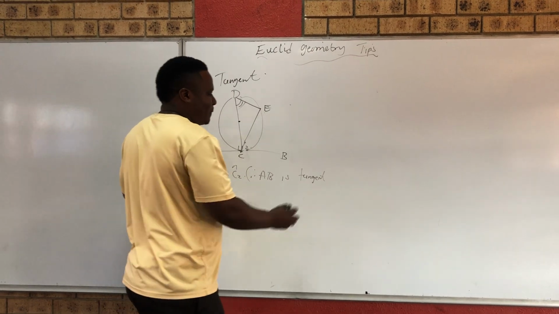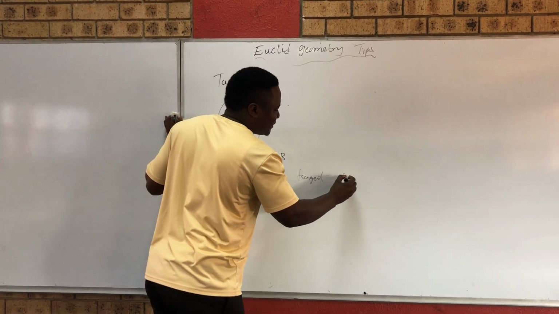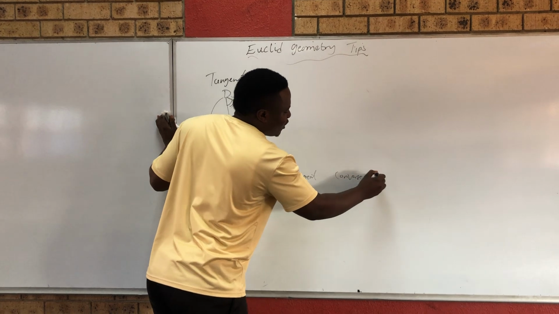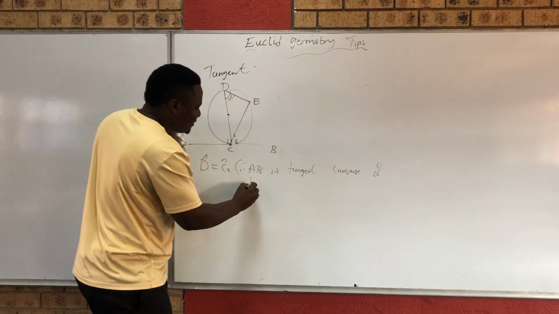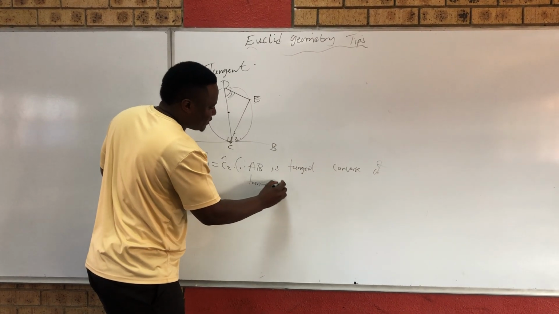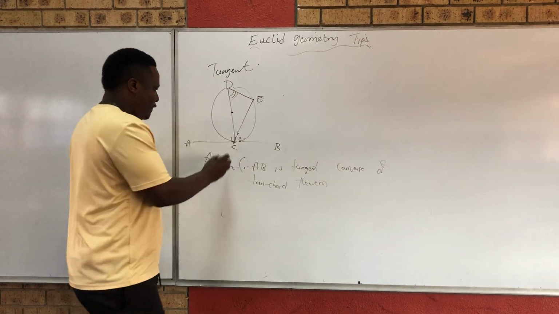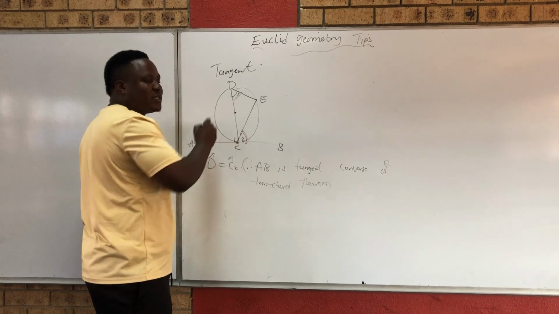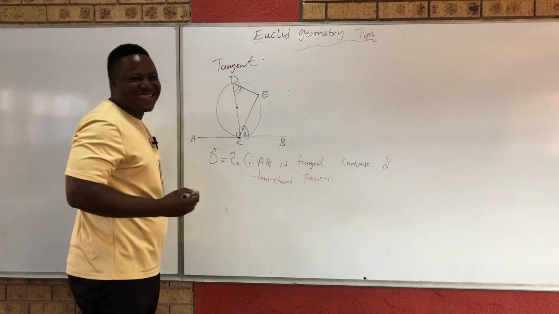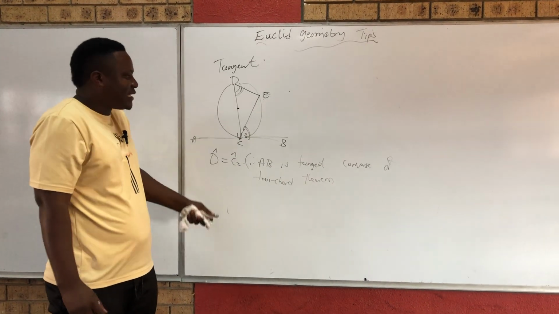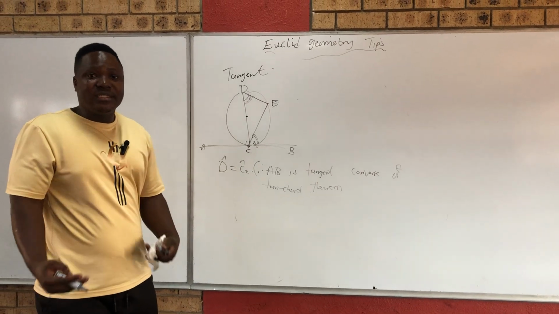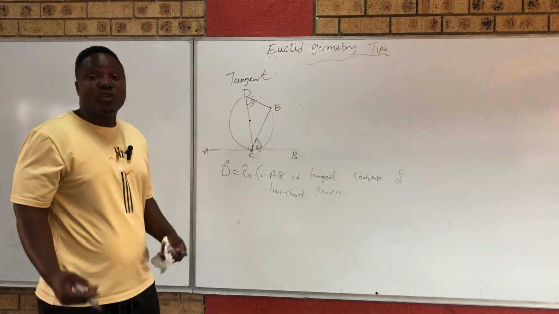The reason why is that it is the converse of the tan chord theorem. You know that for this to be equal to this, this one needs to be a tangent. Then you prove that by the tan chord theorem, because in the tan chord theorem, that's the only theorem that we talk about a tangent.